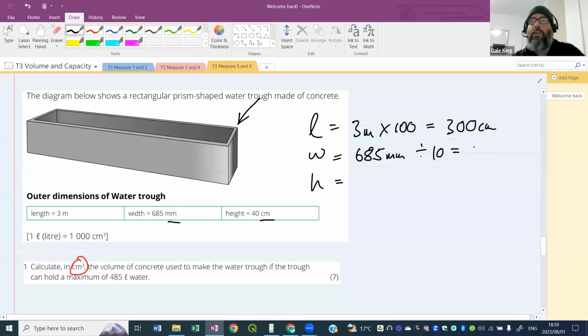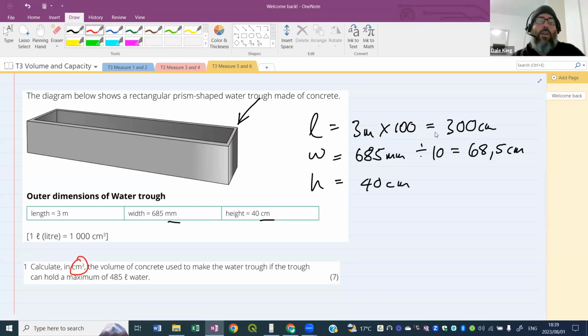Sorry, it's 10. So it's going to give you 68,5. And the height we'll keep as 40. Kagiso is changing everything to centimeters first. Good. What do I do now?